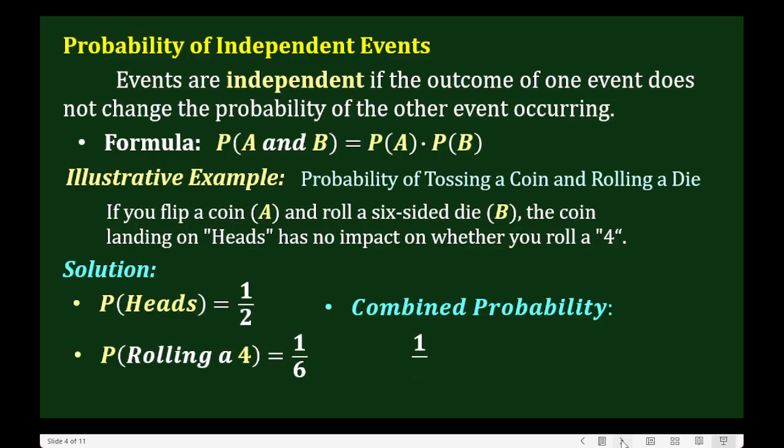That is 1 over 2 times 1 over 6, and we have 1 over 12, which is our answer. So this is the probability when you flip a coin and at the same time you roll a die, a head and a four-dotted face will come out.